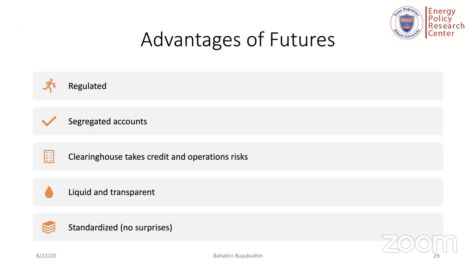Okay, let's wrap up our discussion by talking about the advantages and disadvantages of futures. Basically, they are regulated, so there are segregated accounts and safeguards in terms of counterparty risk through the clearinghouse, because the clearinghouse takes the credit and operation risk, and it is very liquid.